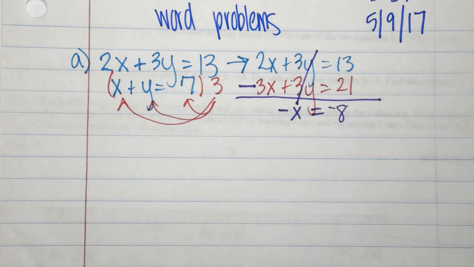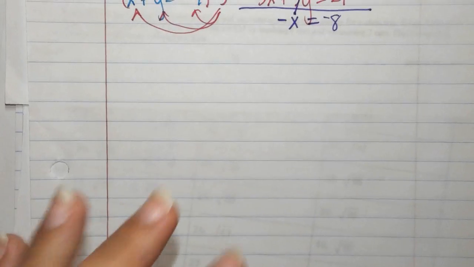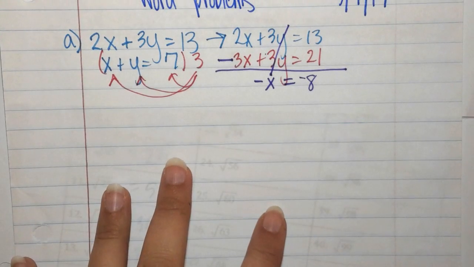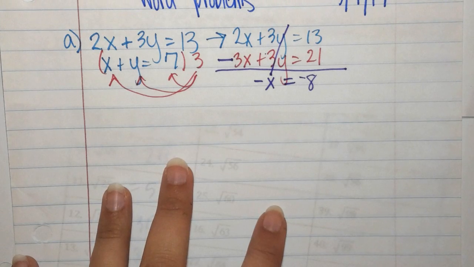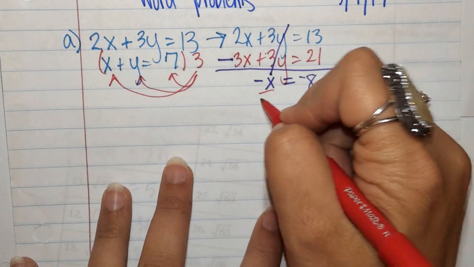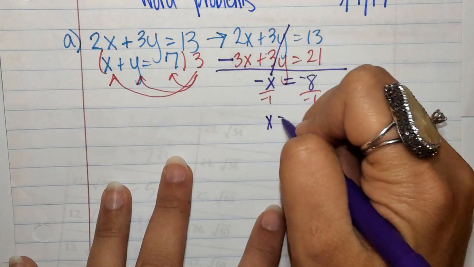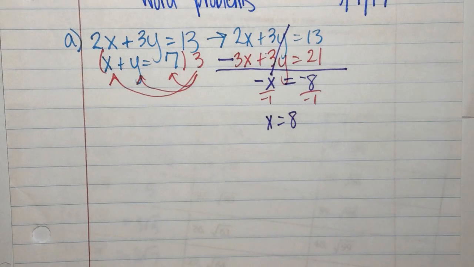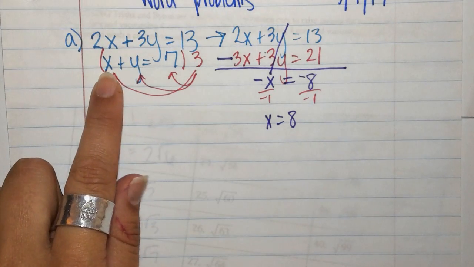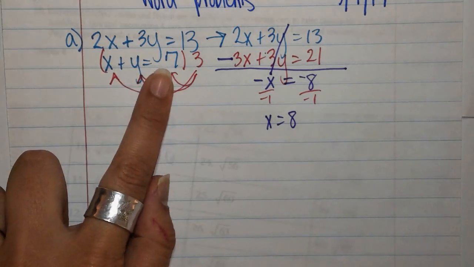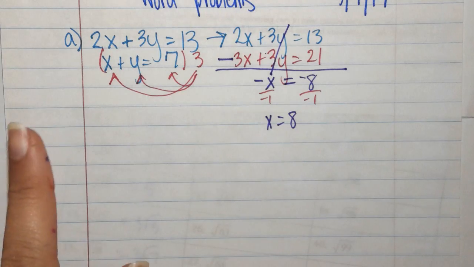Okay, now, can we have a negative x? No. So what do we do? You divide by negative 1. X equals positive 8. Now, I think personally that it would be easier to plug my x in right here, because this doesn't have any numbers with it. It's just x and y.